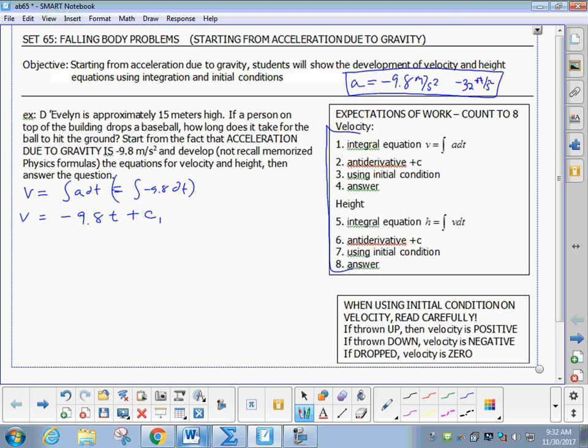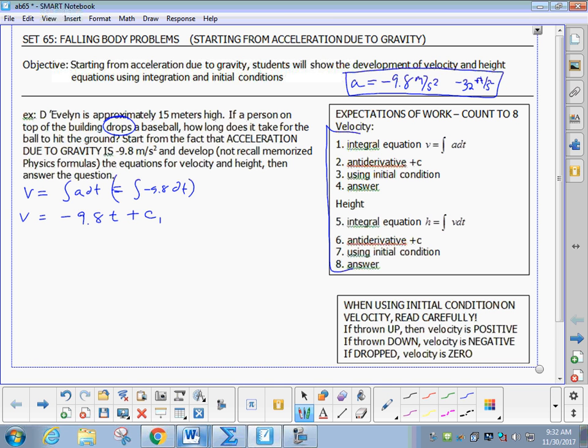All right. Now, in order to find that constant of integration, you'll need an initial condition. What is an initial velocity and time that we can put in to leave us with just C1? At t equals 0, velocity is 0. Why do you know that? It doesn't say that in there. Yeah, it starts at rest. Drop is the key word.